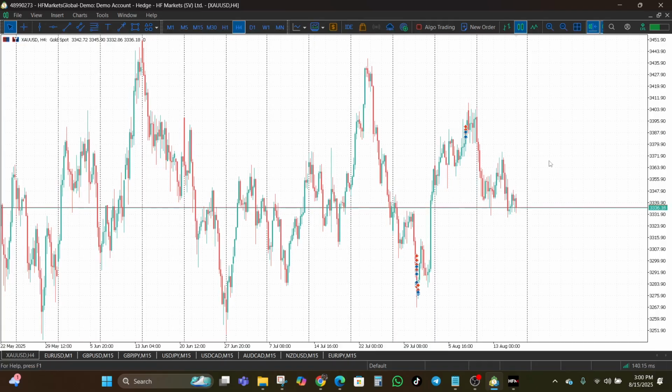If you prefer a slower pace, you might opt for the 1 hour or daily chart for swing trading.